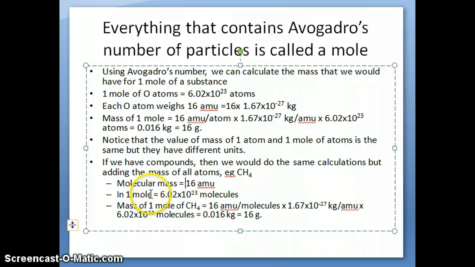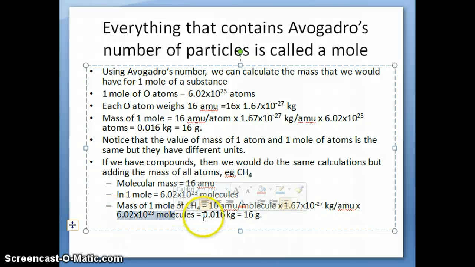1 mole of CH4 means that there are 6.02 times 10 to the 23rd, in this case, molecules, not atoms. So then the mass of 1 mole of methane would just be equal to 16 AMU per molecule, and each AMU is equal to this much mass, 1.67 times 10 to the minus 27 kilogram. And then in 1 mole, there are this many molecules.